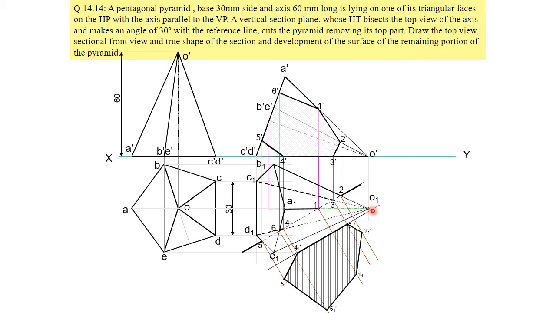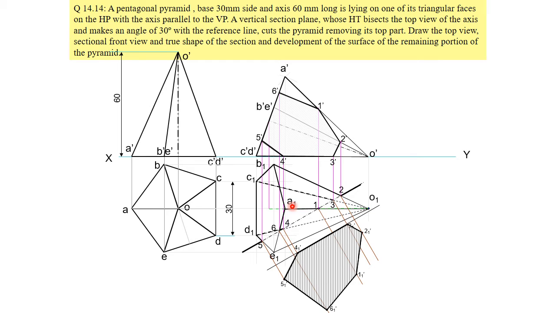So HT bisects the top view of the axis and makes 30 degrees. The axis is this O1 and over here, which is parallel. The cutting plane makes an angle of 30 degrees and bisects the axis.